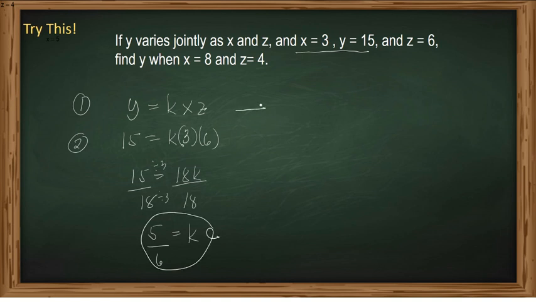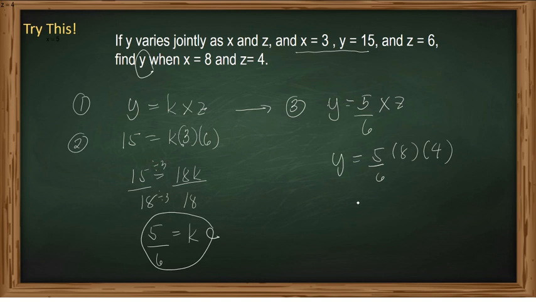Then we go back to step 1 to write the equation of variation. So we have y is equal to, our constant is 5 over 6, of xz. Then find y, copy 5 over 6, when x equals 8 and z equals 4. Okay? So we can multiply the numerators together.